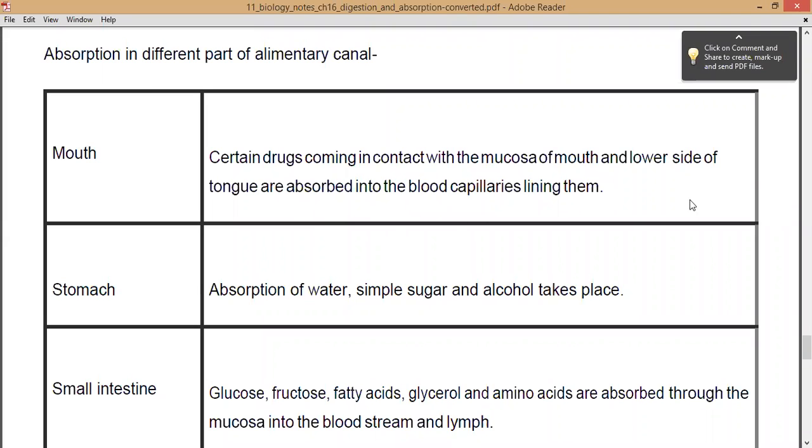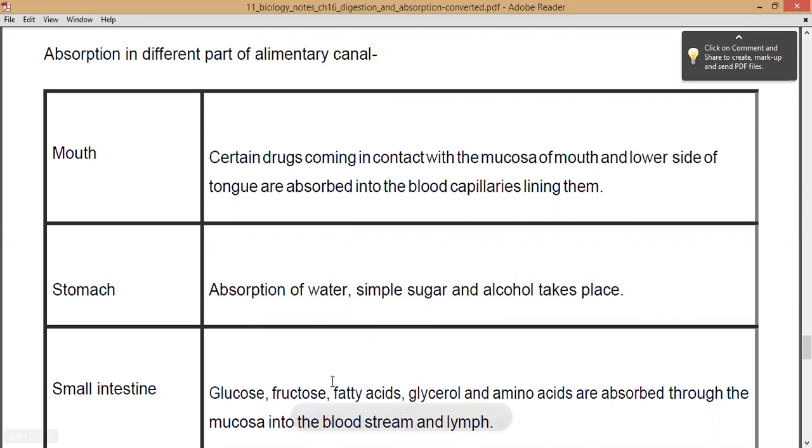So if you are taking any drugs which come in contact with your mucosa, that is whatever saliva is present in your mouth, they are absorbed by the blood capillaries present on the lower side of the tongue, and they enter the bloodstream. So this is the first absorption seen, in the mouth.